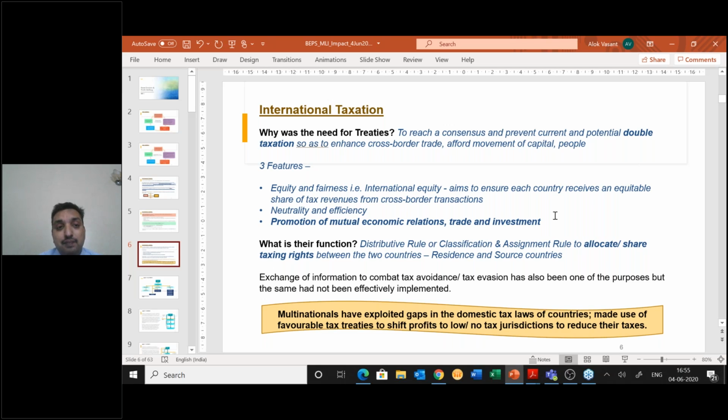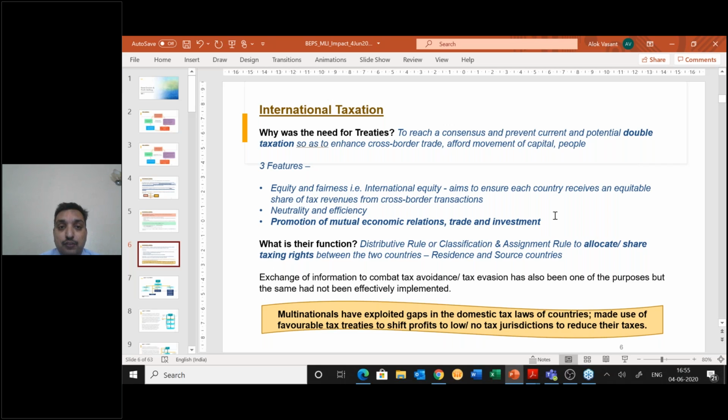And if you look at the basic features that a tax framework should have, it should have equity and fairness. When we talk about international equity, the aim should be to ensure that each country receives an equitable share of tax revenues from cross-border transactions.